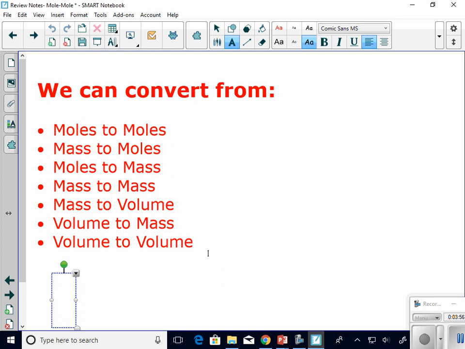So we're going to have a balanced chemical equation, and we're going to convert from one substance to another. We've been doing it by staying with the same thing. For instance, I can take moles of sodium chloride to get to a mass of sodium chloride. I can go moles to mass of sodium chloride.